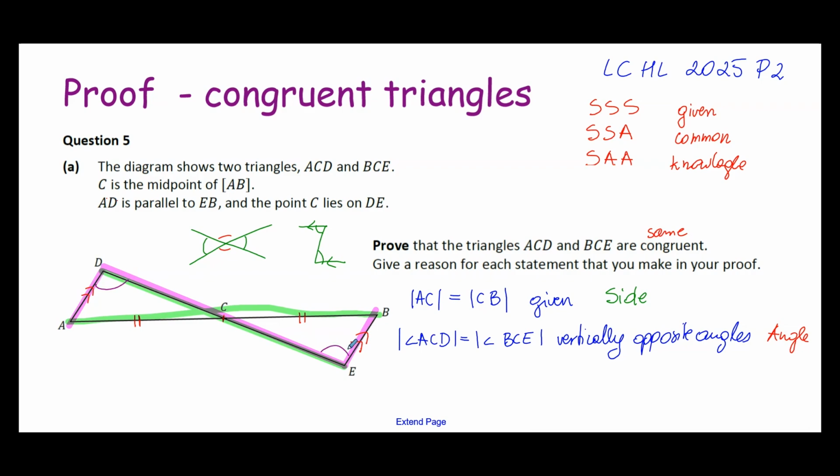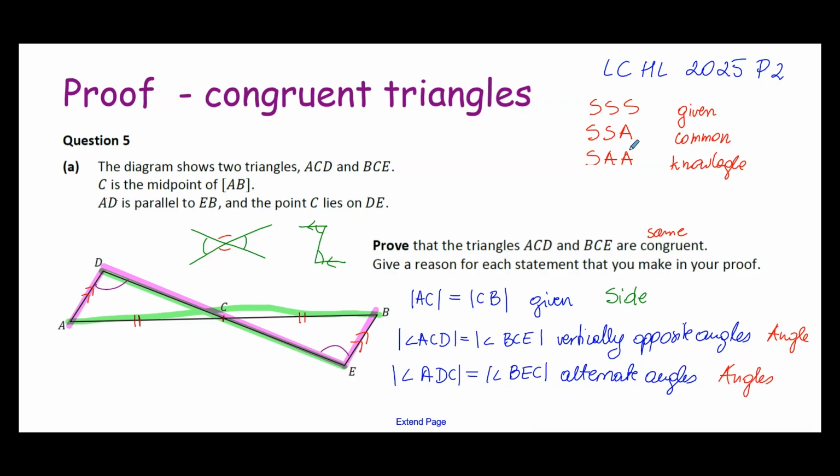This angle and this angle are the same because those two lines are parallel to each other. So therefore we write that angle ADC is the same as angle BEC, because they are alternate angles. So now we have proven another angle.